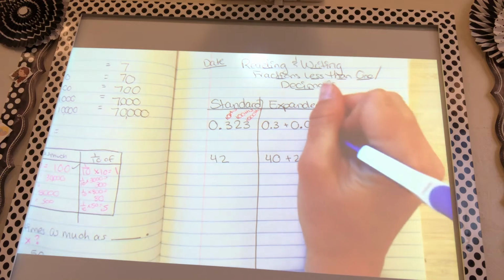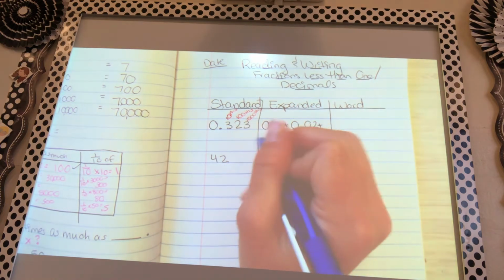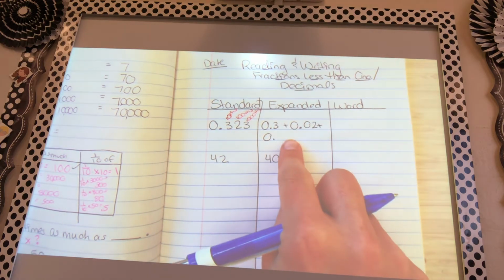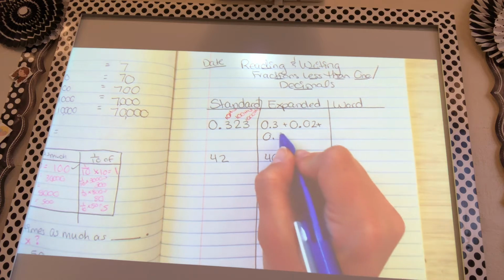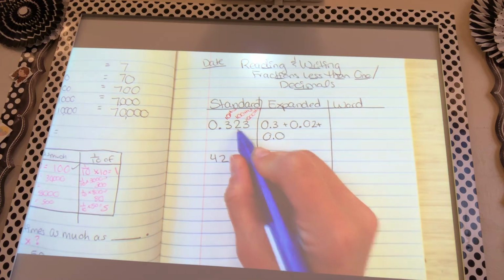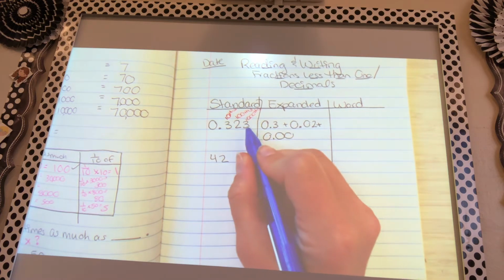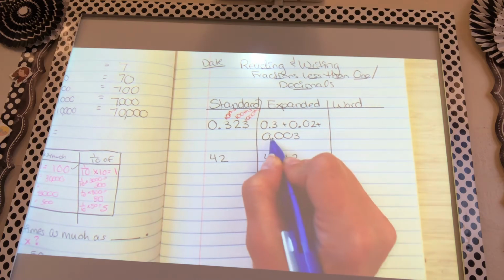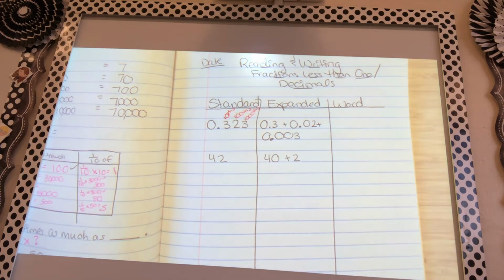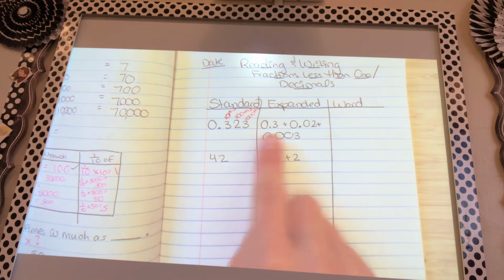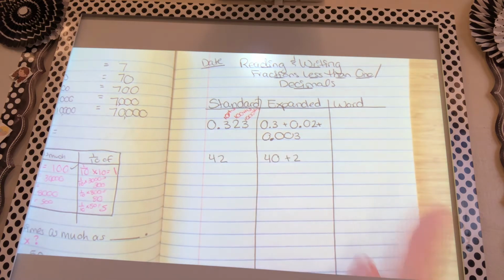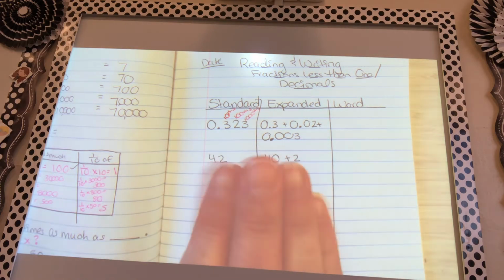And I would have to make sure that I put the 3 in the hundredths place value. So the first place value, that's the tenths, and then the second is the hundredths, and then the thousandths would be where the 3-digit is. So I separate the place value for expanded. For word form, I just write it how I read it.